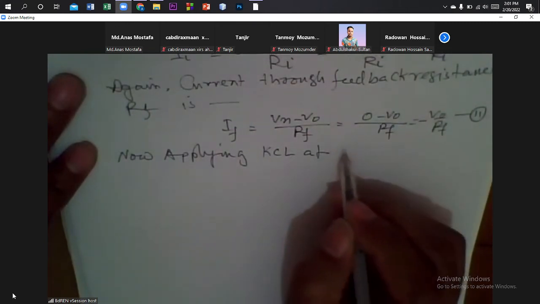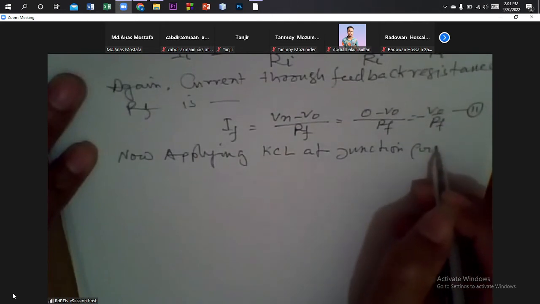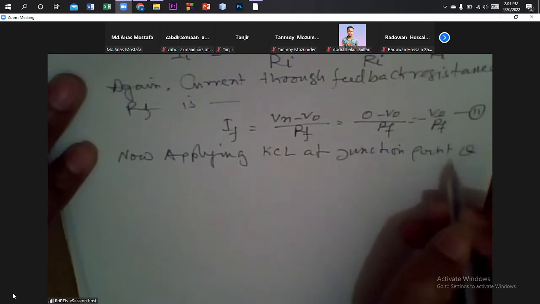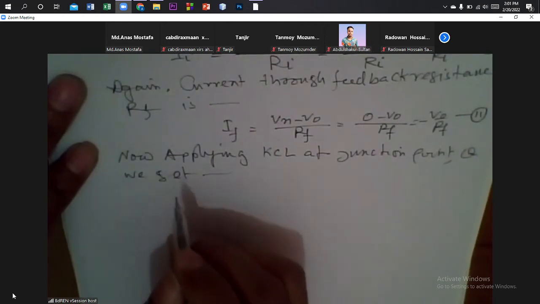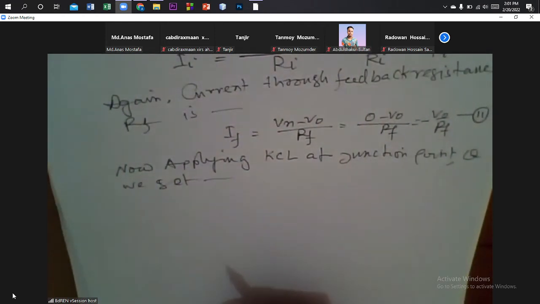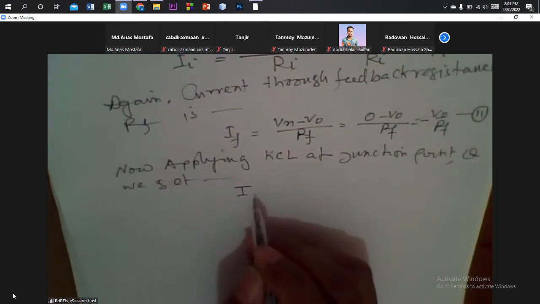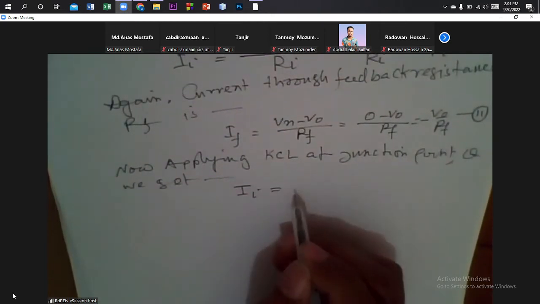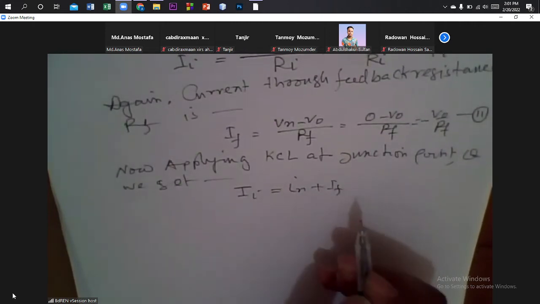At junction point Q, we get, write it down first. We shall apply KCL at junction point Q. So what can we write? Sir, I is equal to IN plus IF.